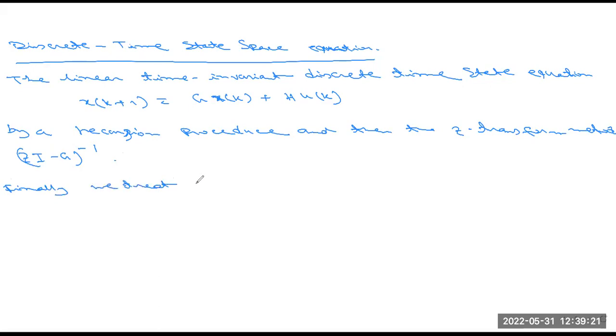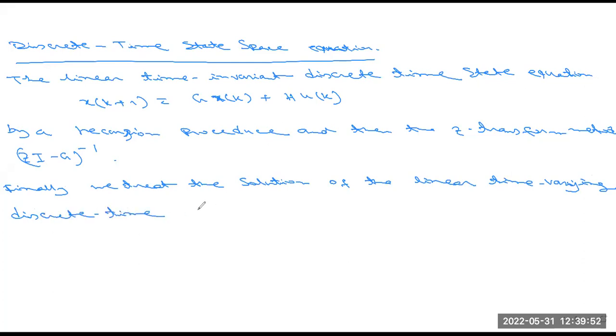So finally we treat the solution of the linear time varying discrete time state equation, that is x of k plus 1 is equal to g of k x of k plus h of k u of k.